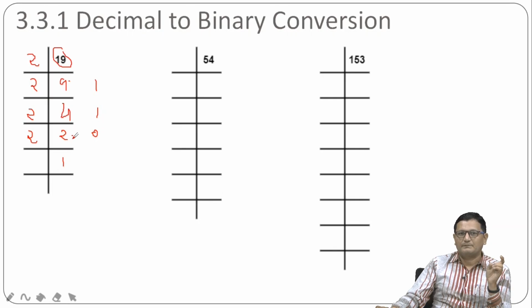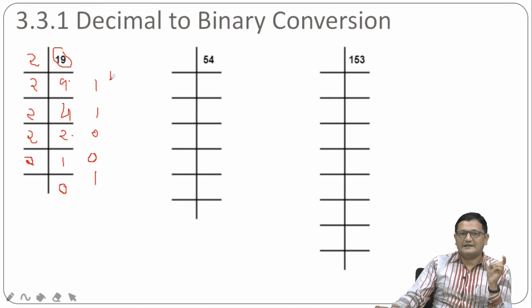We want 2. So, 2 1s are 2, so there is no remainder, that is why we will put 0 here, okay. Now, 2 zeros are 0, but you need to bring 1. So, obviously this 1 will be a remainder, okay.